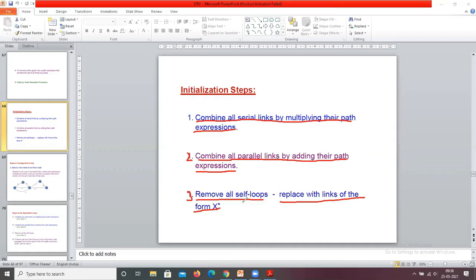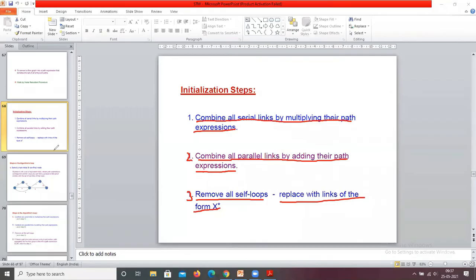In the first step, you are going to combine all serial links by multiplying their path expressions. In our previous class, we discussed serial links. Now we combine them by multiplying their path expressions.